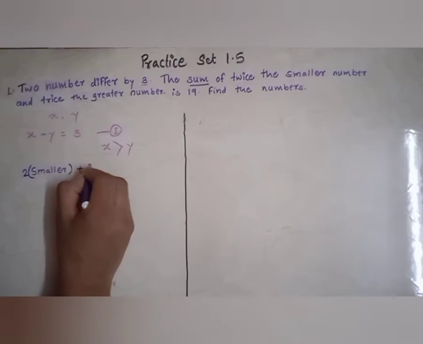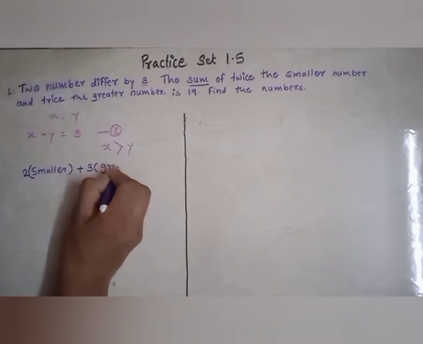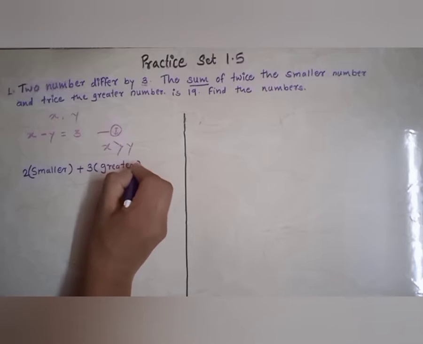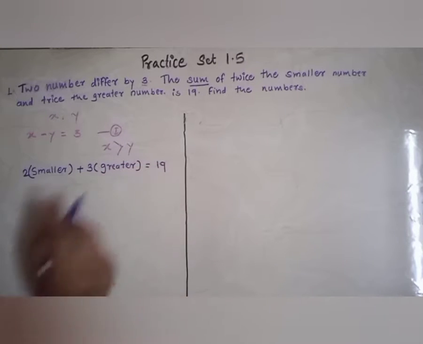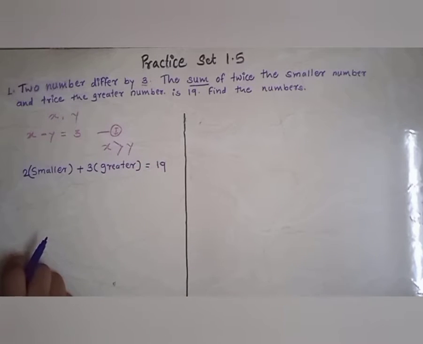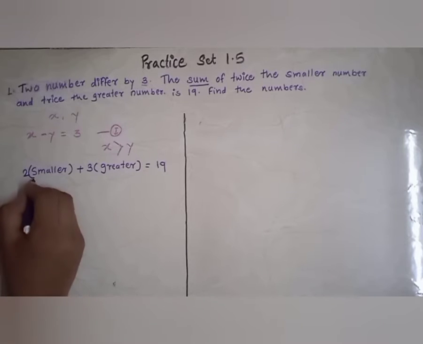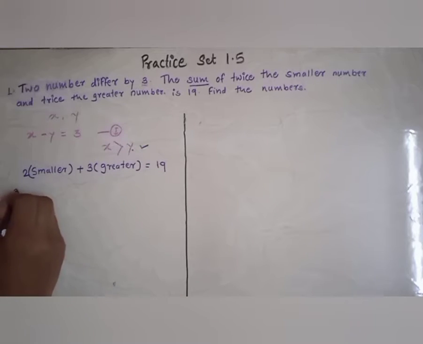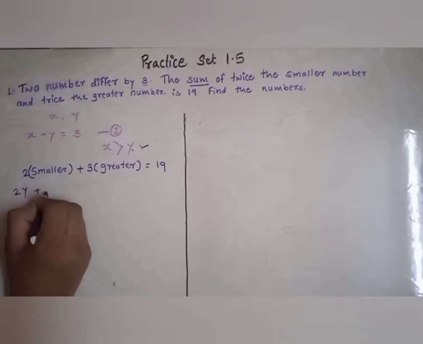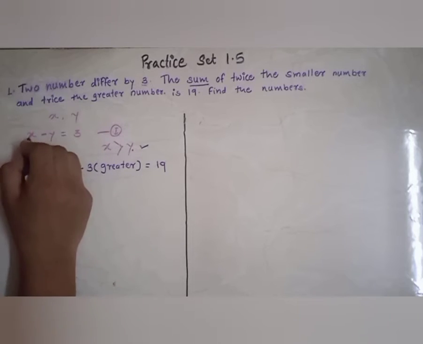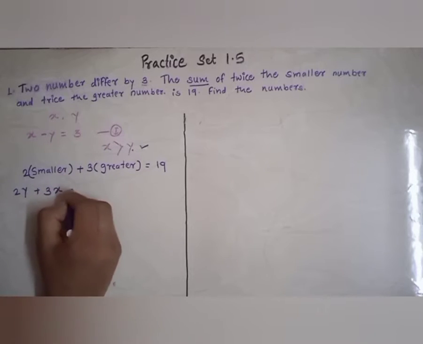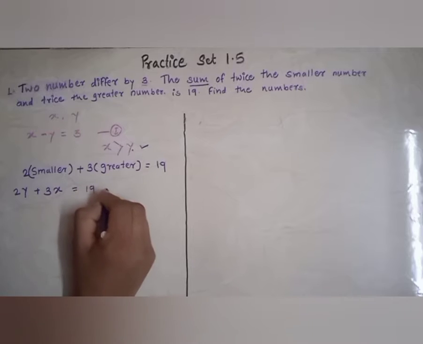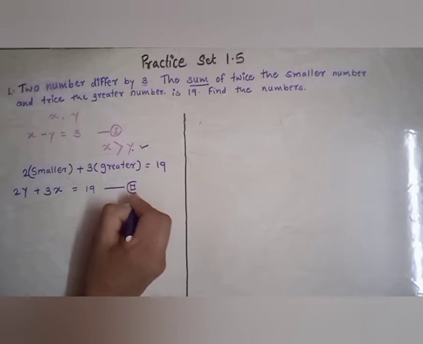We know that x is greater than y, so twice the smaller number is 2y, plus the greater number x thrice, so 3x is equal to 19. This is our second equation.